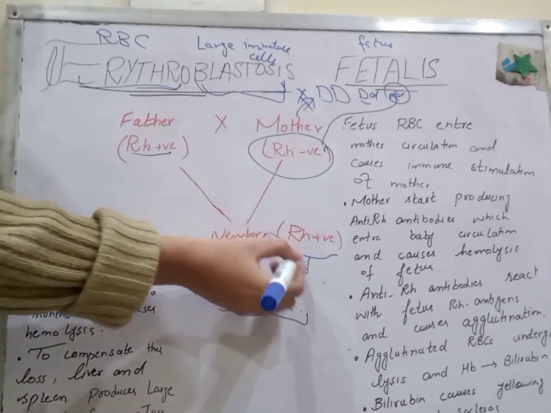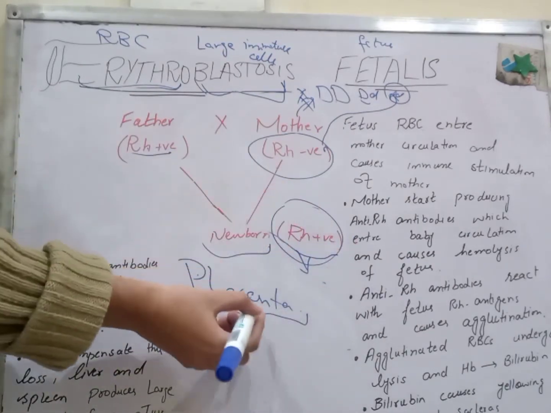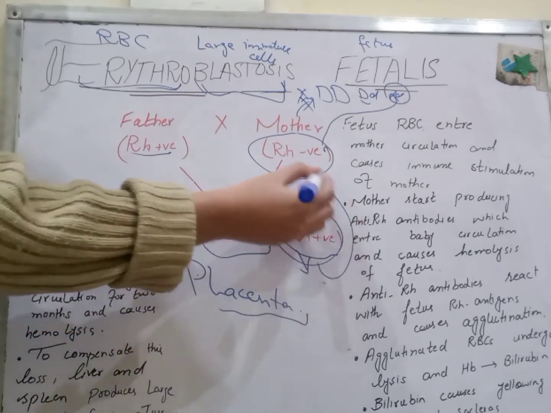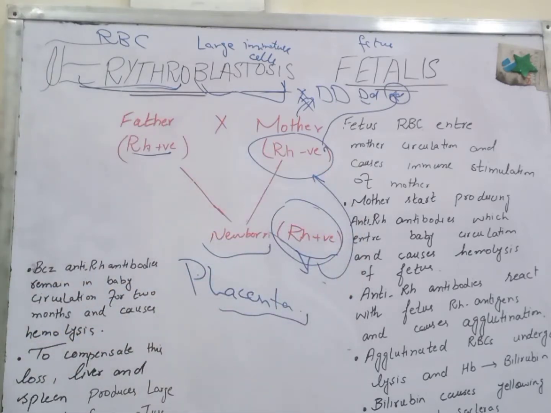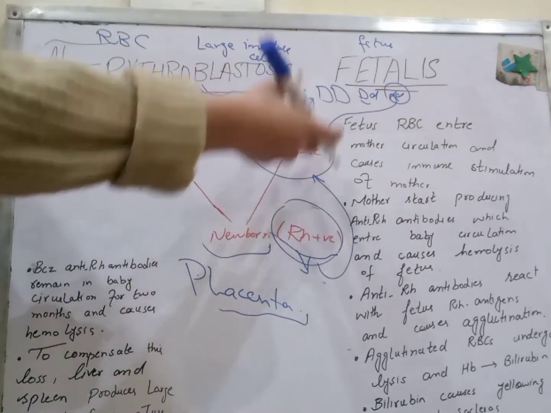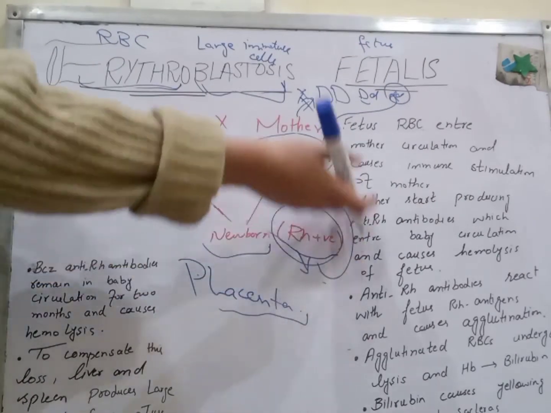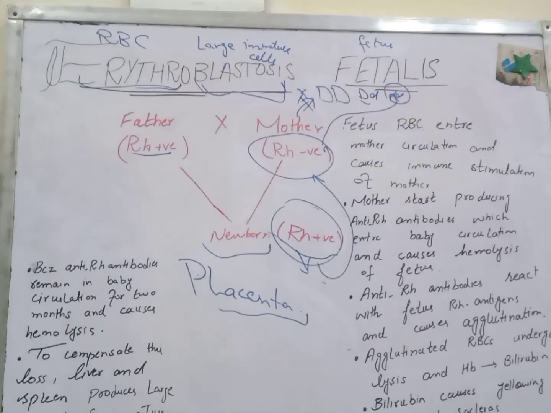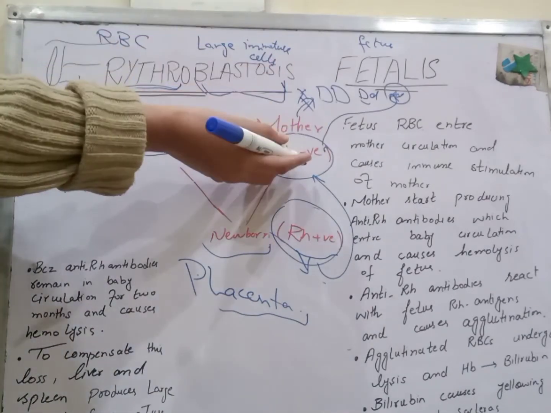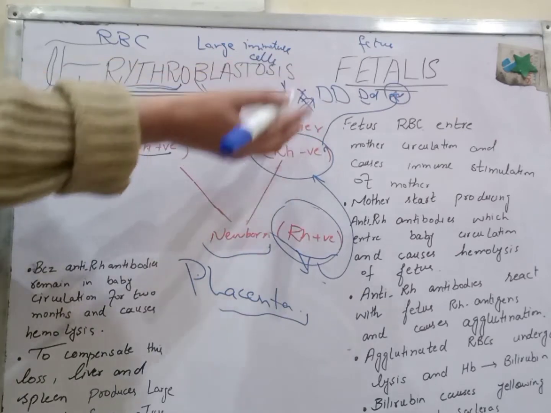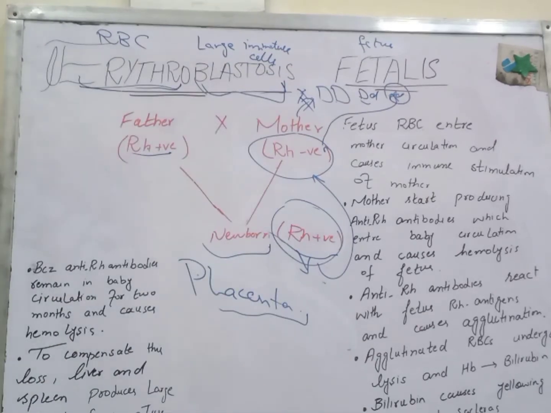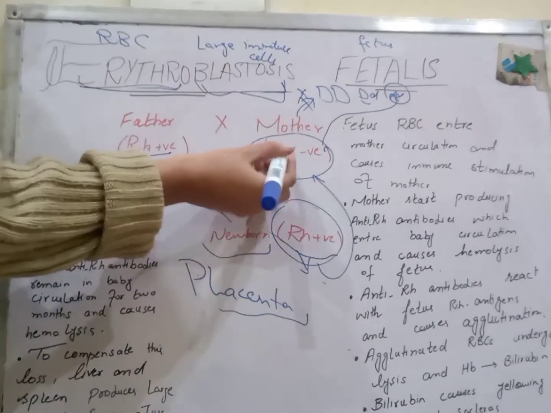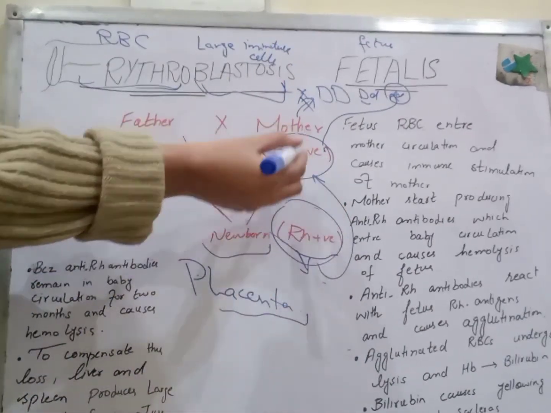When this Rh positive blood passes through the placenta and is drawn into the mother's circulation, the mother is Rh negative and the baby is Rh positive, so there will be exposure to Rh antigens. When there is Rh antigen exposure, there will be stimulation of the mother's immune response towards the Rh antigen.